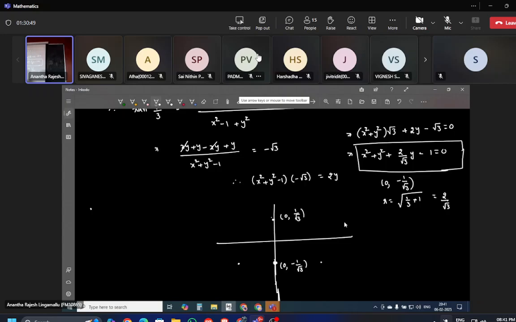Minimum value of mod z square. All these three, again this one also, you can write mod x square plus mod y square plus mod z square. Where does the minimum value occur?